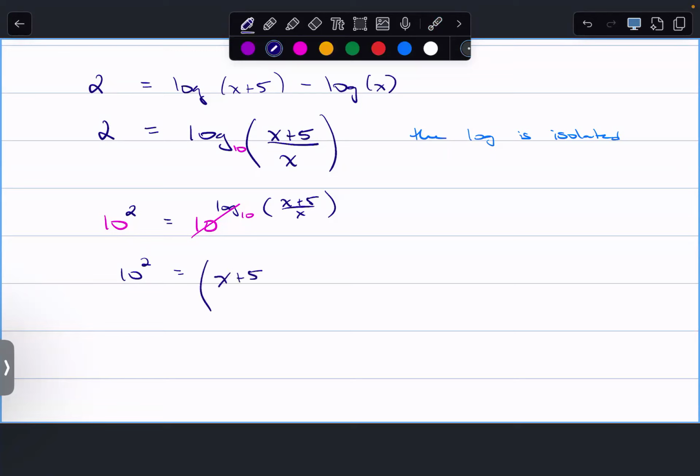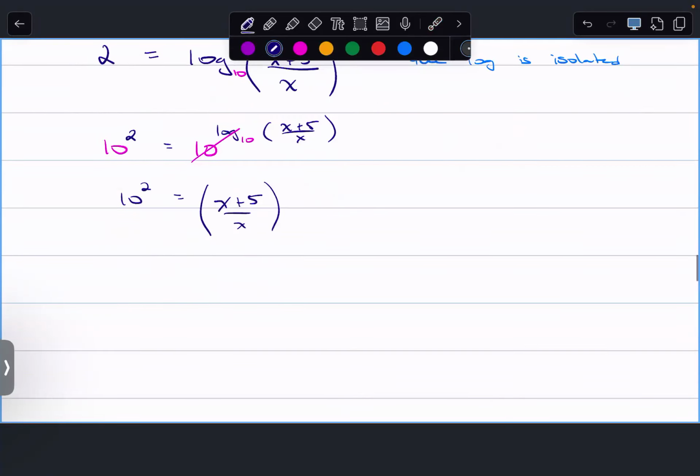Is x plus 5 over x. Now, if I'm trying to solve for x, I'm going to need to bring this x over to the left-hand side. I'm going to rewrite 10 to the power of 2 as 100. I think that's nicer. And so I get 100 times x is x plus 5.